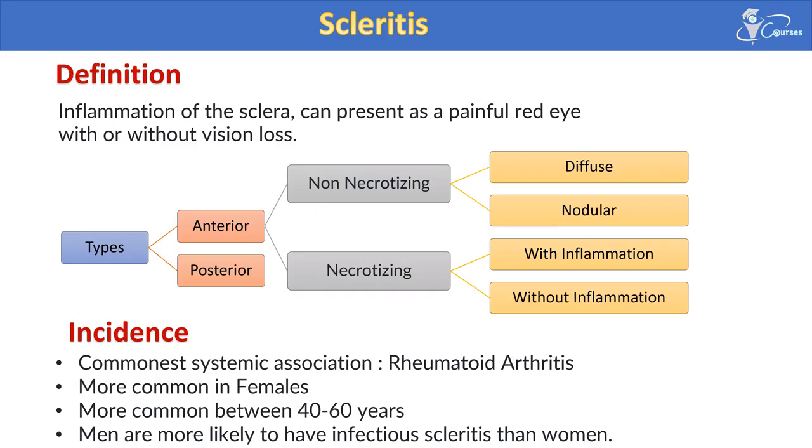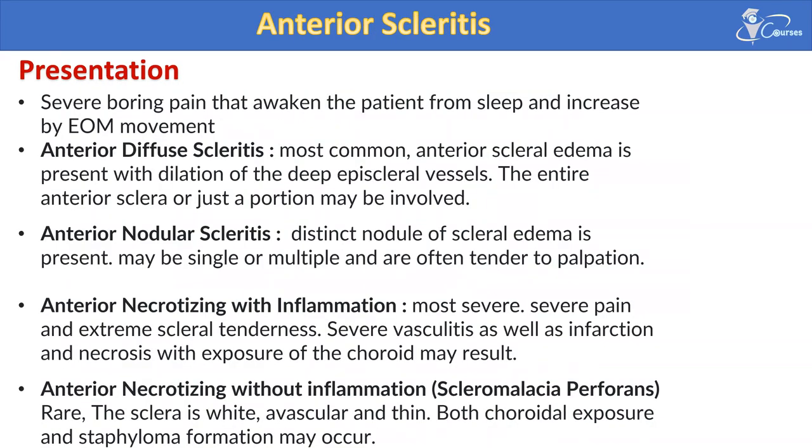Okay. So these are the definitions, classification, and the incidence of scleritis. Let's now see the presentation of each of those types. First of all, the patient has severe pain, very, very important. Severe boring pain that awakens the patient from sleep.